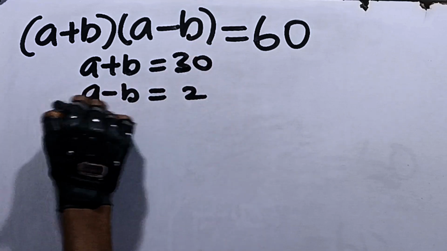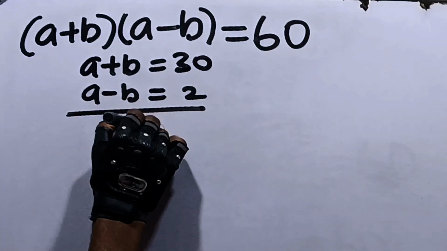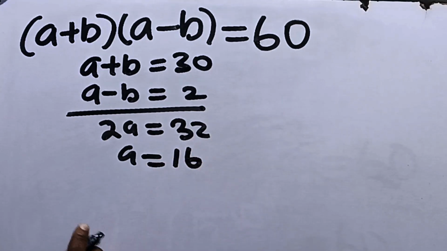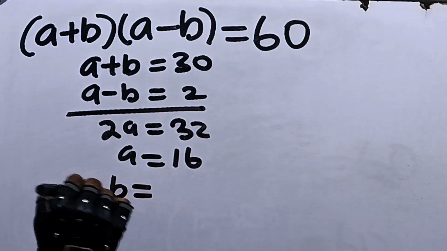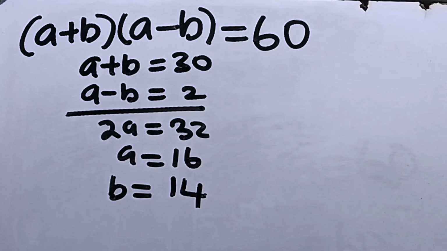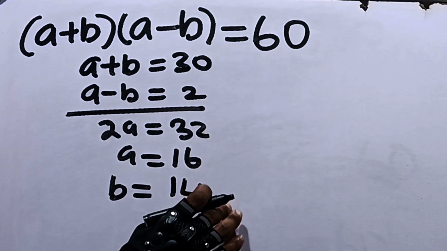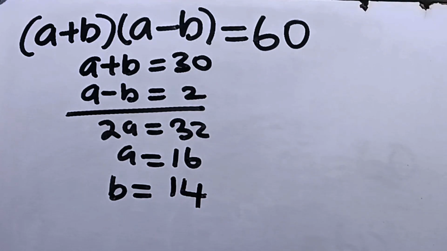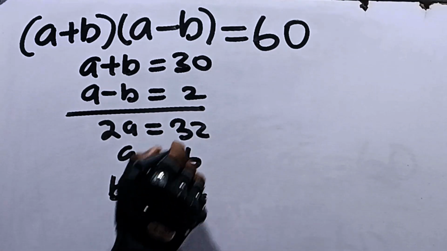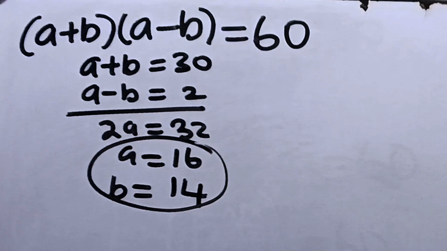Adding these two up, we have 2a is equal to 32, a is equal to 16, and b is equal to 14. Now ask ourselves, can 14 be expressed as an index of any number? 14 cannot be expressed as an index of any number, so this solution cannot be used if you're going to get whole numbers.